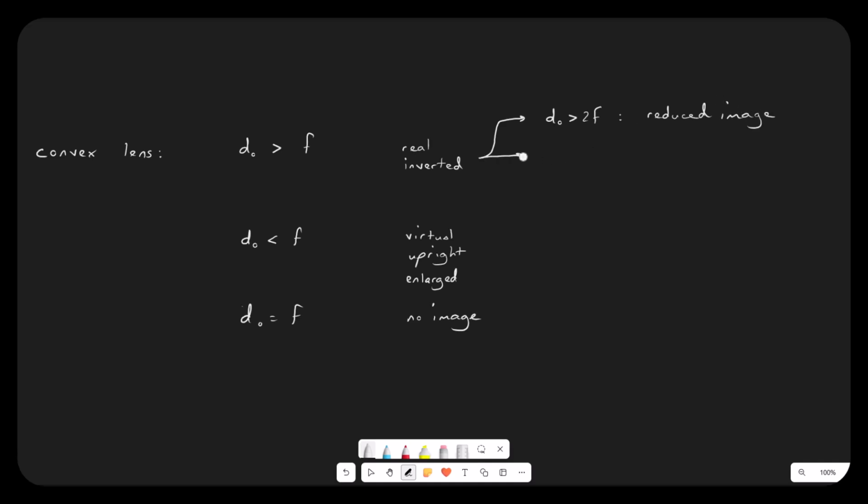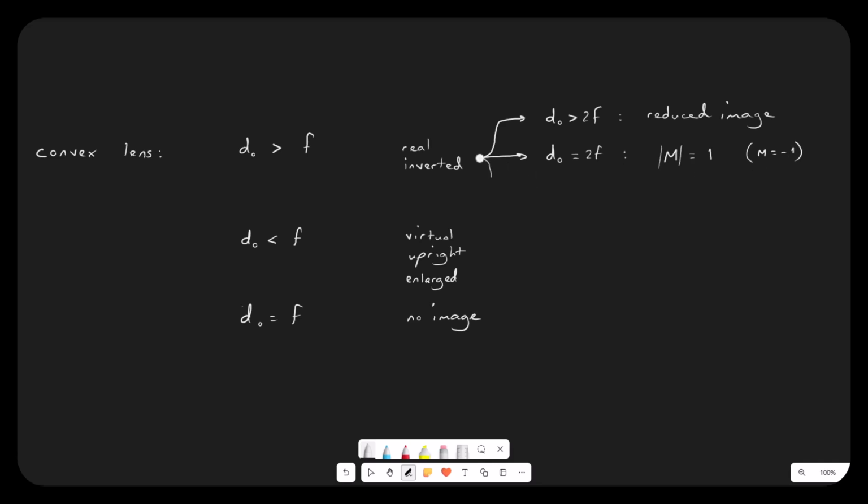If my object distance is exactly double my focal length, then I'm going to get a magnification of magnitude 1. It's going to be inverted, so it'll actually be negative 1.